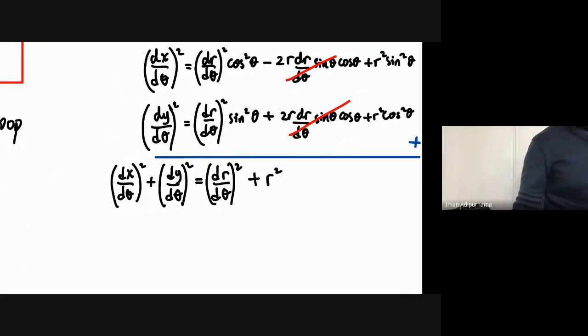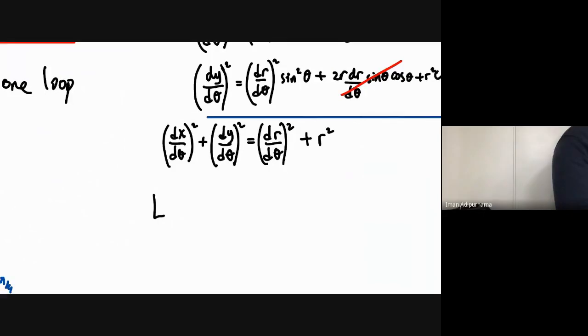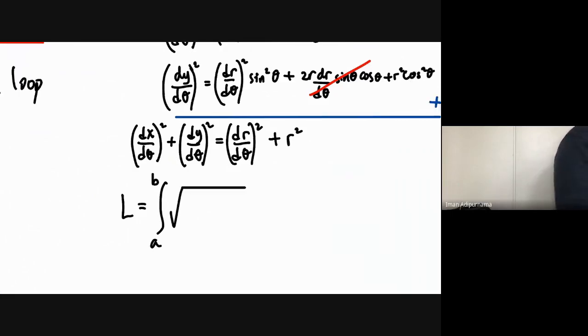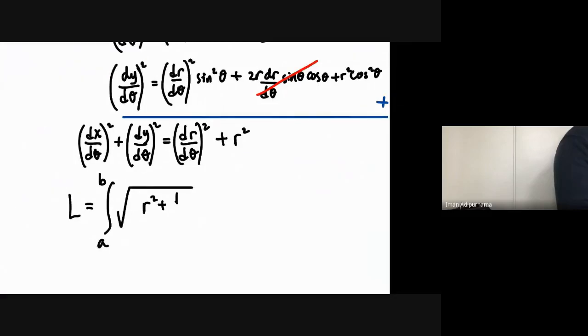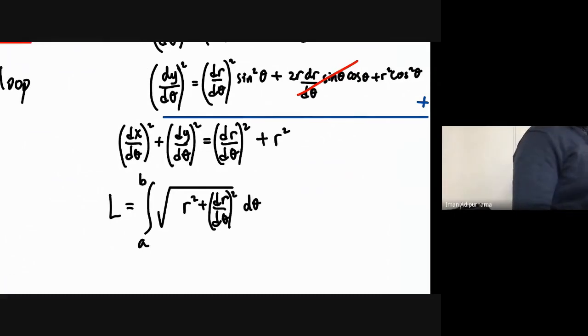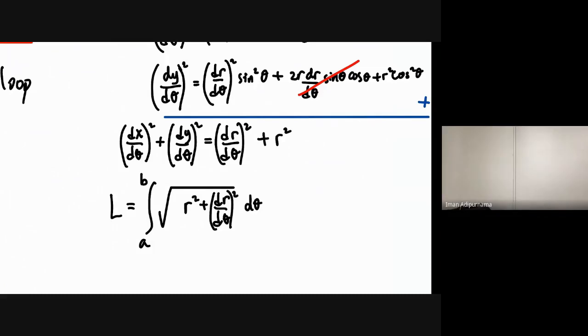So we can write the arc length as the integration of the square root of r squared plus dr d theta squared. So this is the relation between the original parametric form converted to polar.